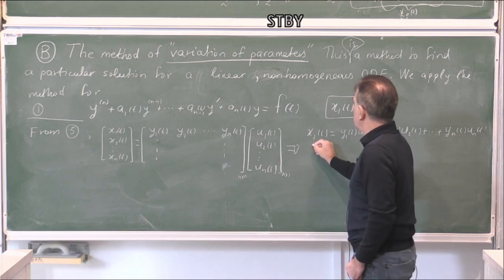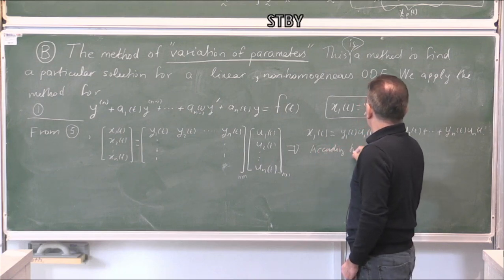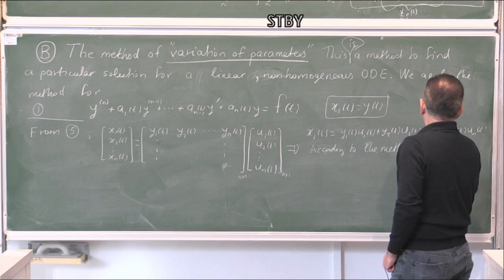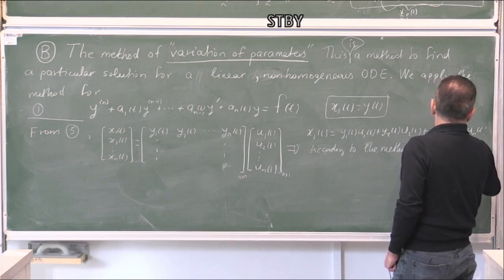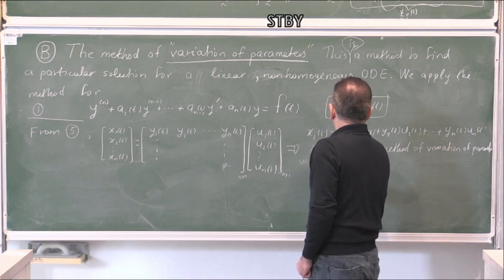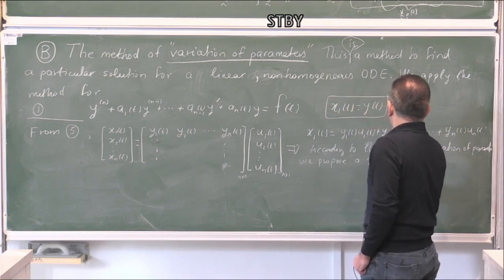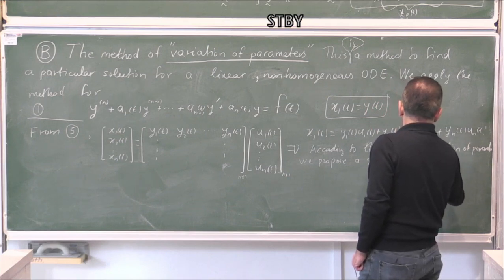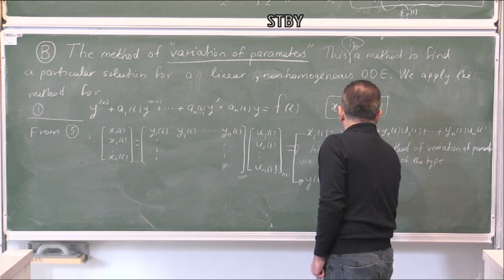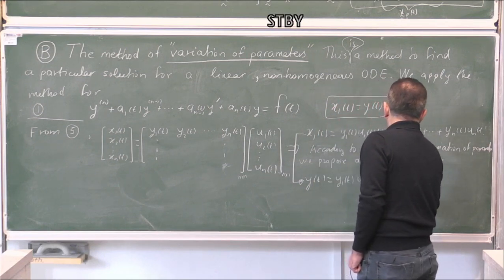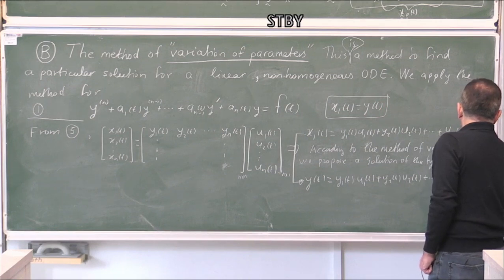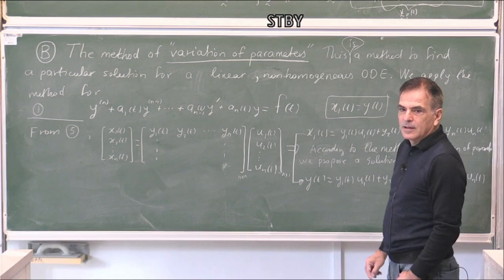So the particular solution, according to the method of variation of parameters, we propose a solution of the type y of t equals y1 of t u1, y2 of t u2, and yn of t un of t. Good?